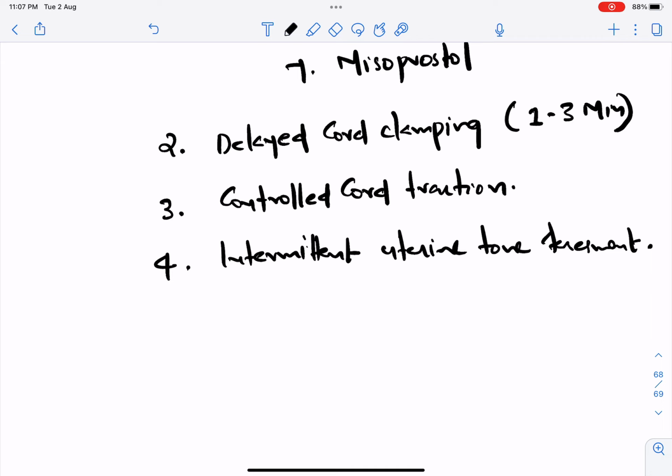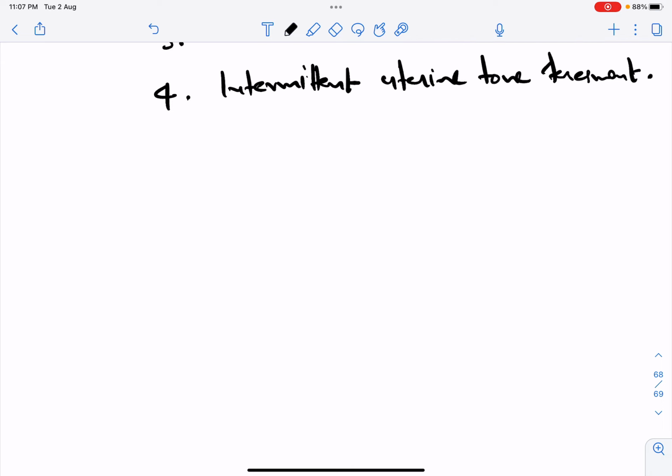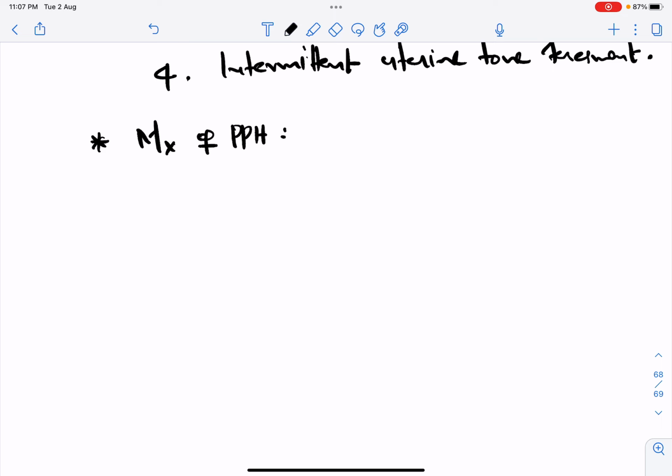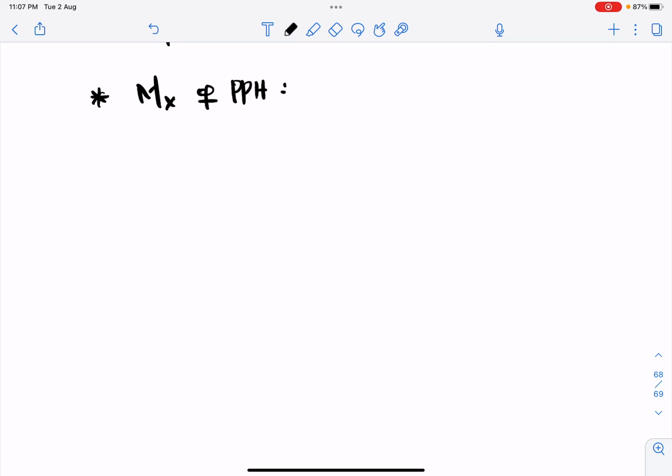So let's move to the management of PPH. For managing PPH, we should know the cause of PPH. So the first step is to assess uterine tone.